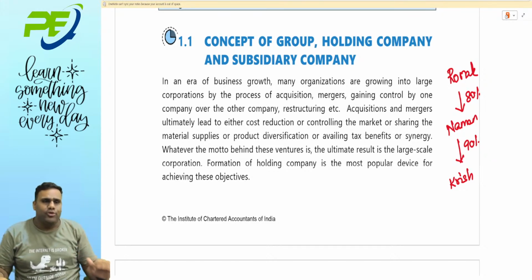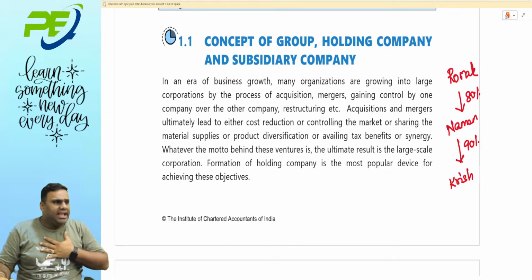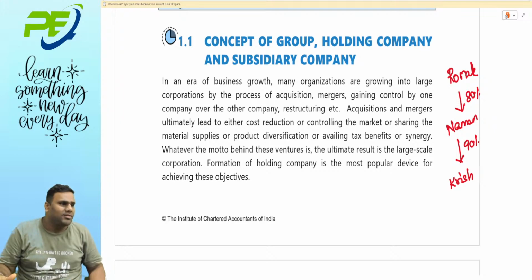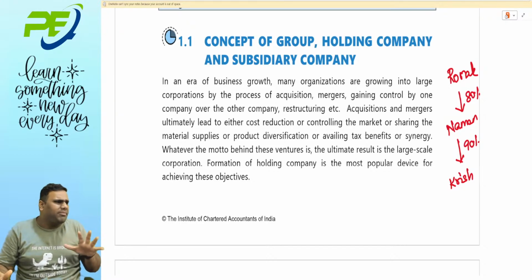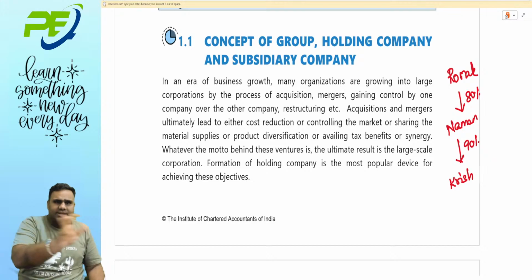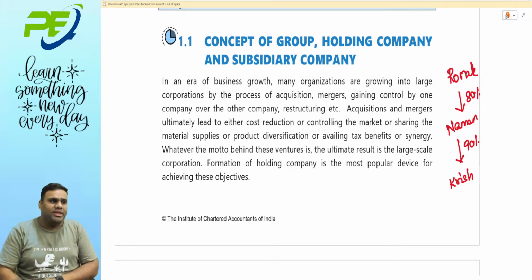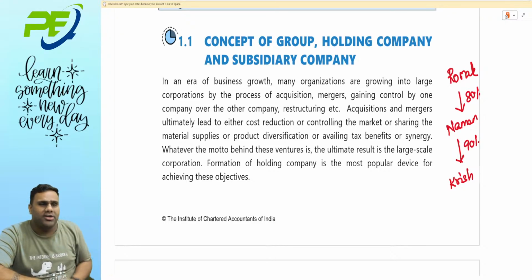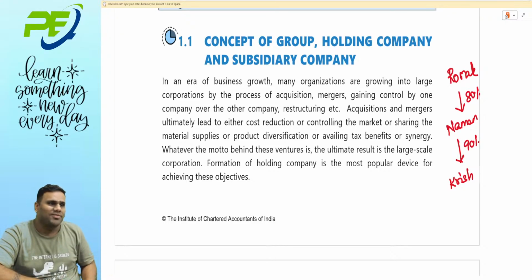Second, ease of doing business. I take CA and I take CWA, CMA. Are these two similar, in the same industry? Yes, both are in education. I take classes for them. But just imagine, I take CA classes and I get into a business of sugarcane juice.